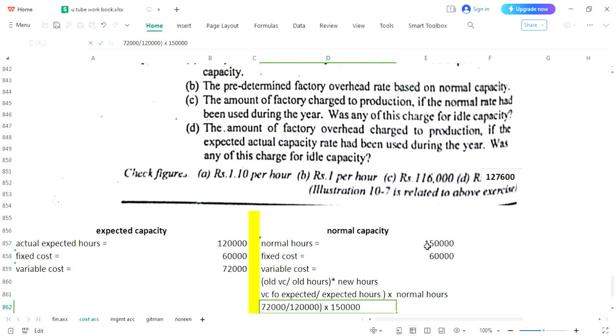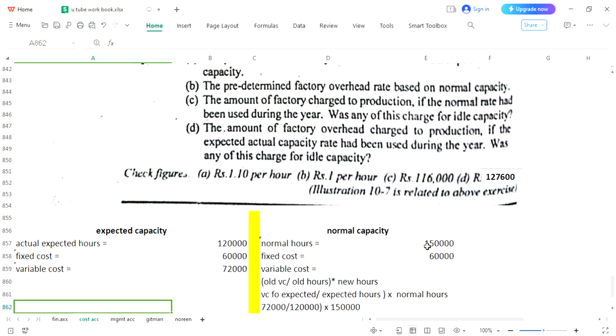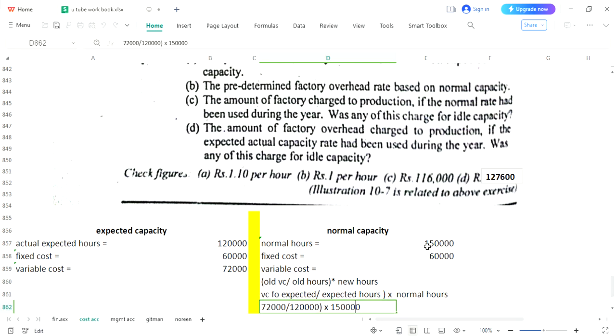This formula we have used at several places, just with the tiniest change made over here. The formula actually is old variable cost divided by old hours and multiplied by new hours. So we have used variable cost for expected hours divided by expected hours, multiplied by normal hours.